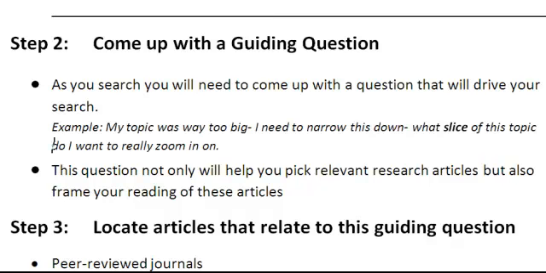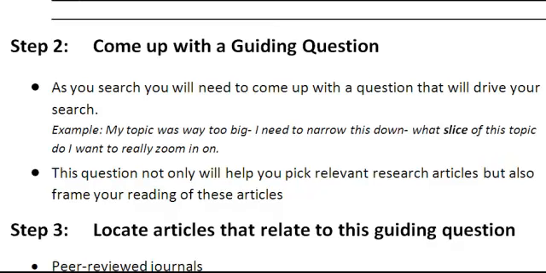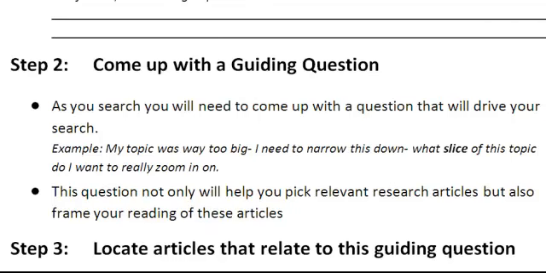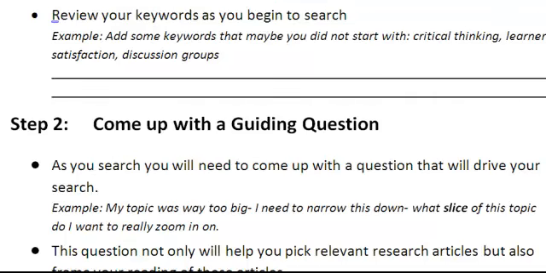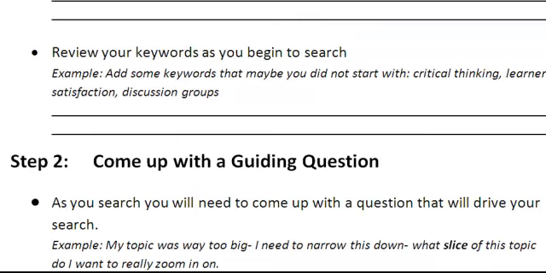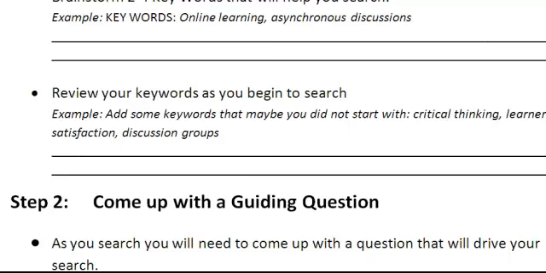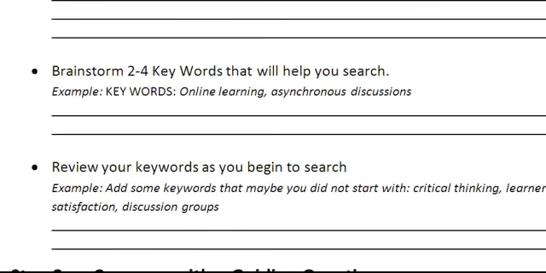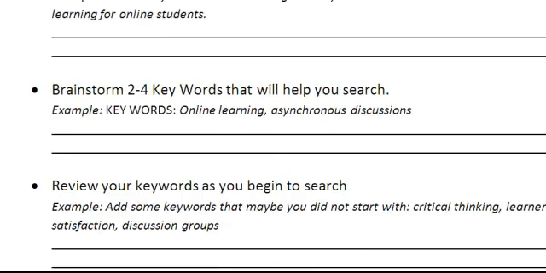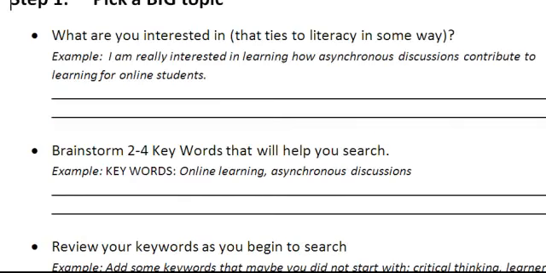For example, my topic was way too big. How do I take a little slice? My topic was just about online discussion groups. And what do I really want to know about online discussion groups, online learning? So I really have to focus, because as I look at my articles, these articles are kind of all over the place.